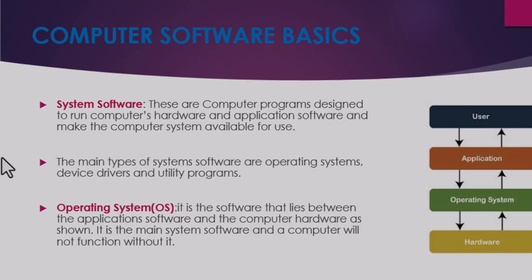So let's go to the operating system. The OS is the software that lies between the application software and the computer hardware, as shown here. So here is the operating system. It's the main system software, and a computer will not function without it.